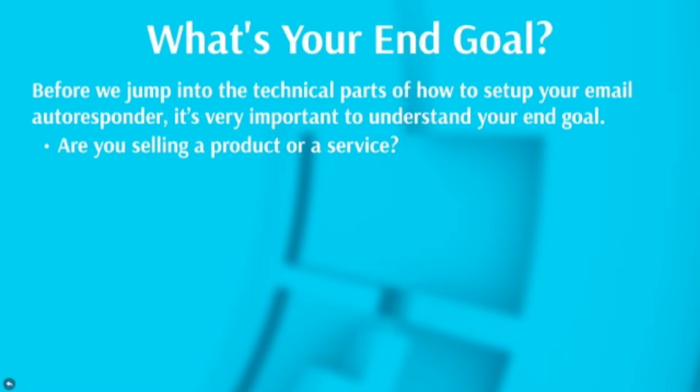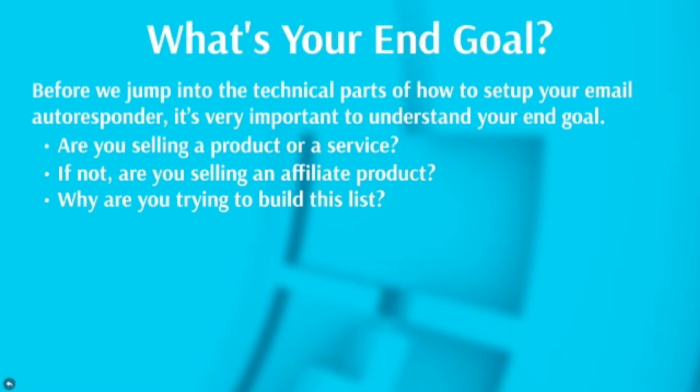So I want you to ask yourself, are you selling a product or a service? Jot that down. If not, are you selling an affiliate product? Now, if you're selling a product, obviously you could sell an affiliate product in the long run or vice versa. You really just want to get an idea of what your end goal is now, and what your future end goals could look like is fine.